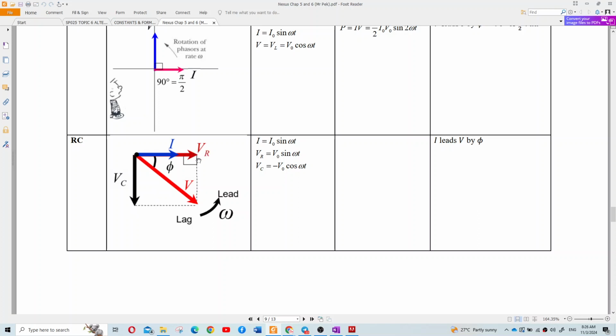So Pythagoras theorem between VR and VC gives the total voltage, or we call it the voltage source. The current equation is sine. The VR equation is sine also, but VC is negative cos. Remember that, VC below is negative cos.